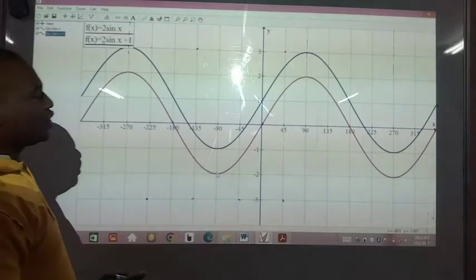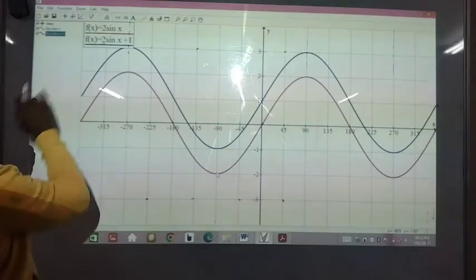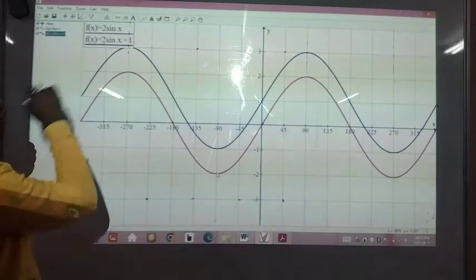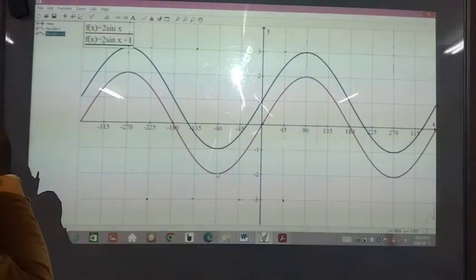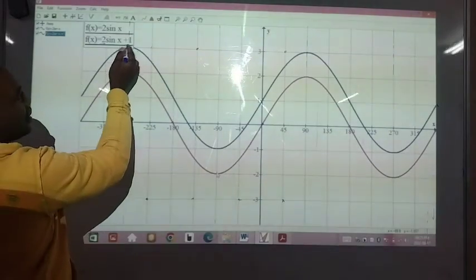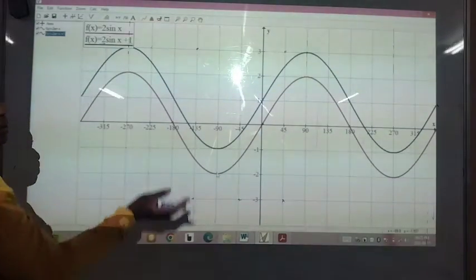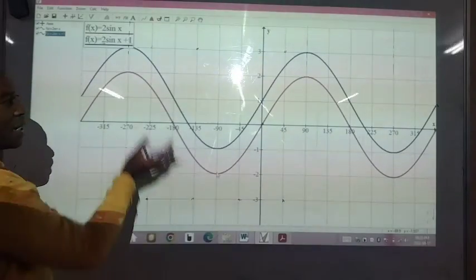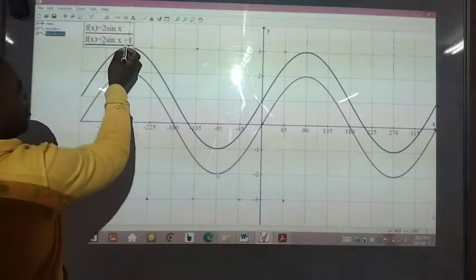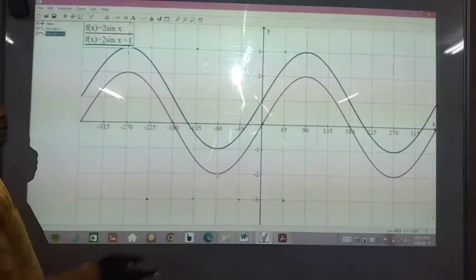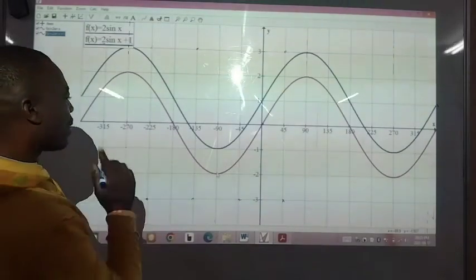Now, what is the relationship between the graph of y is equal to 2 sine x and the graph of y is equal to 2 sine x plus 1? This is our q, which shifts the graph either up or down. Because it's positive 1, the graph is shifted up by 1 unit.